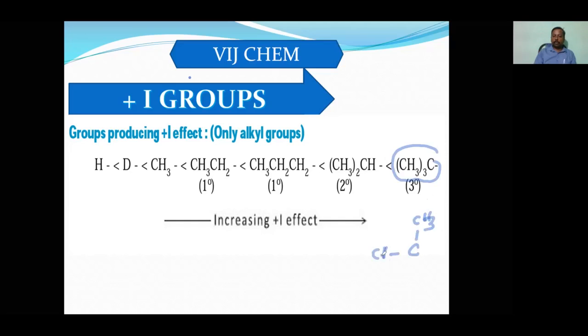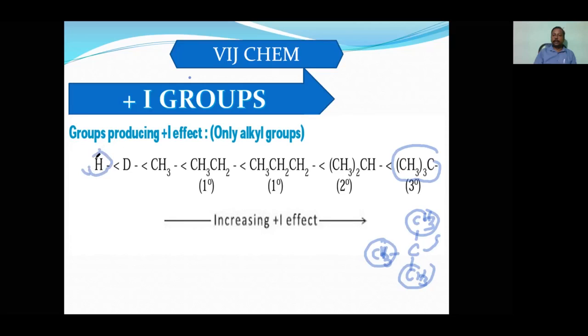Now to a carbon chain. This carbon is going to attach to a carbon chain, which is further attached to three alkyl groups. Therefore, it can easily donate the electron. It can easily release the electron. So the highest releasing effect is shown by this group. And the lowest, as a reference only, is hydrogen.